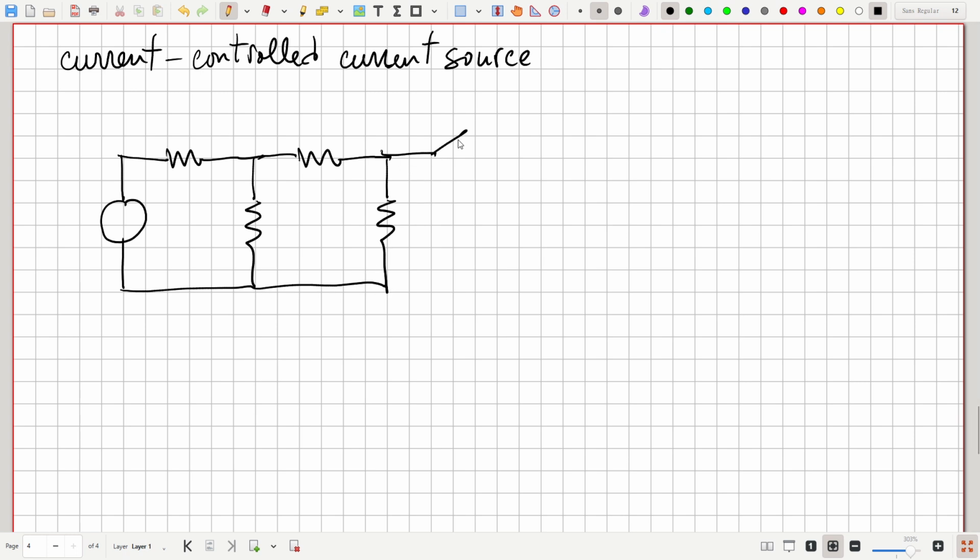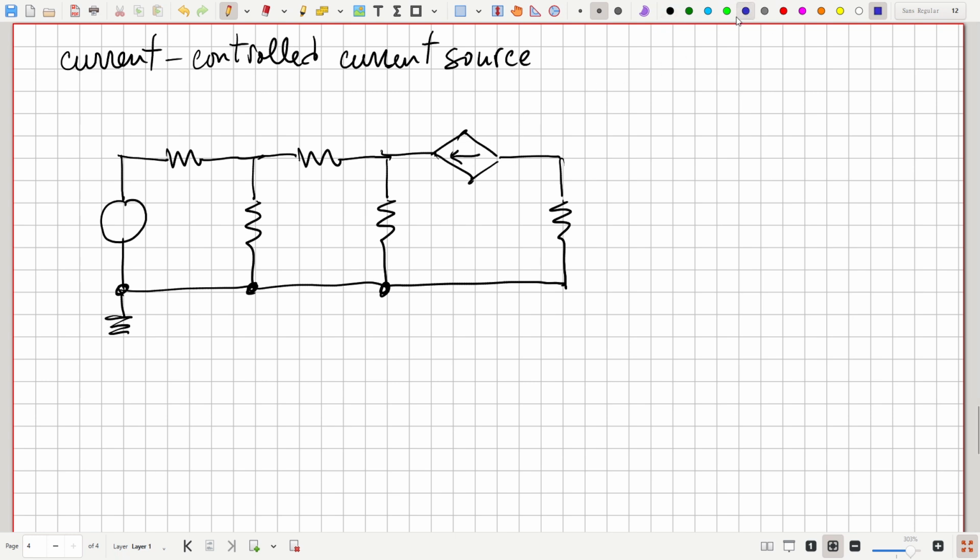Here's our dependent source and a fifth resistor. And we're using that as our reference. That's not much better, is it? Okay, I'll try it again.